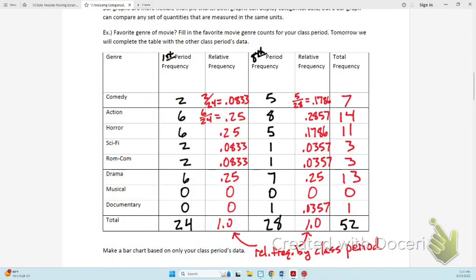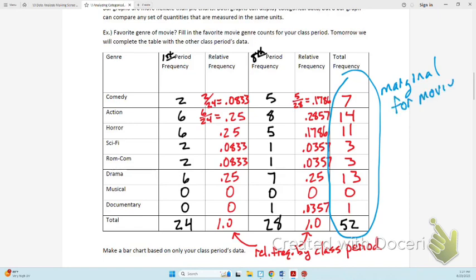So as I said a few minutes ago, this is the marginal distribution for movie genre. And this is the marginal for class period. It's getting a little messy on here.